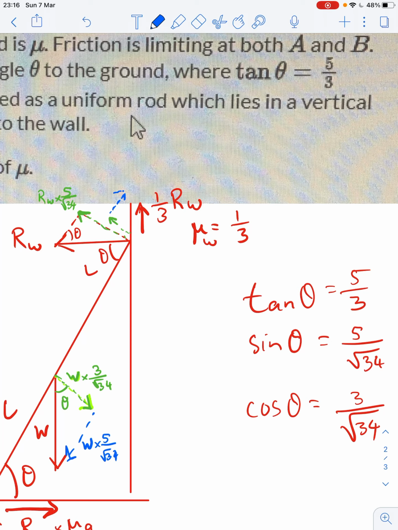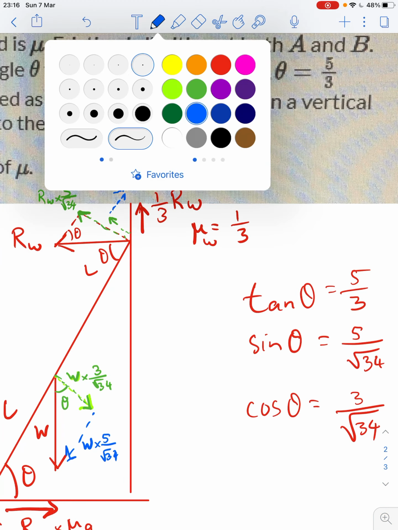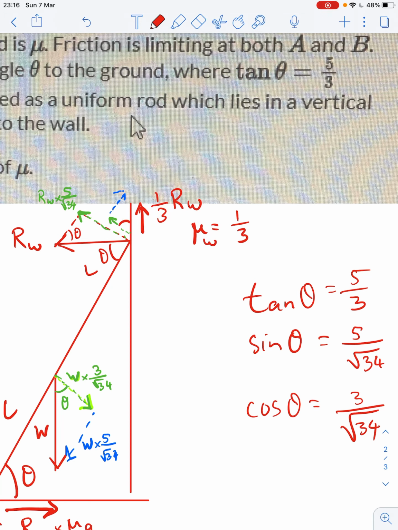Now we're going to have another theta here, because this angle and this angle will add to 90, and these two will add to 90, so this angle here must equal this angle here.